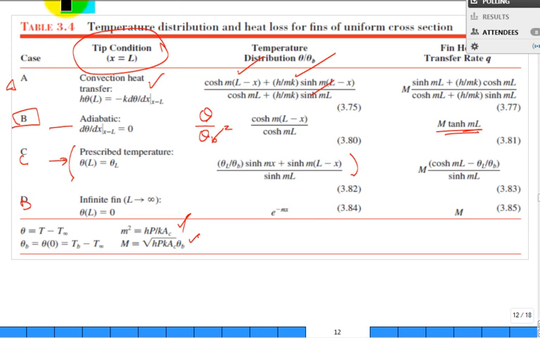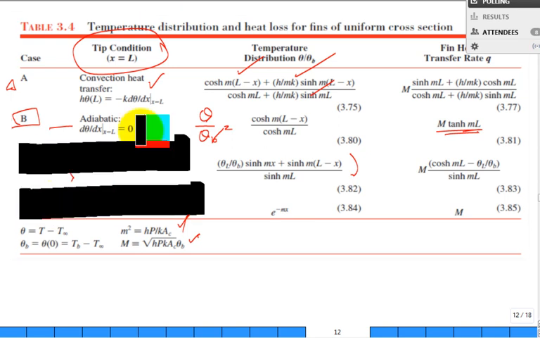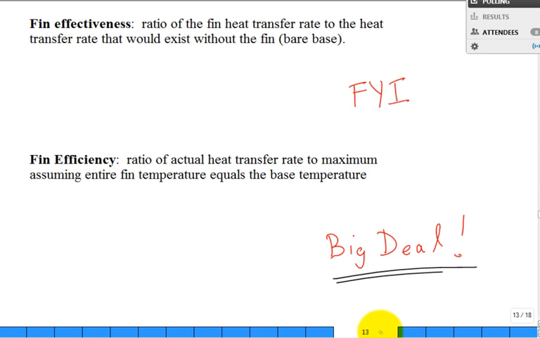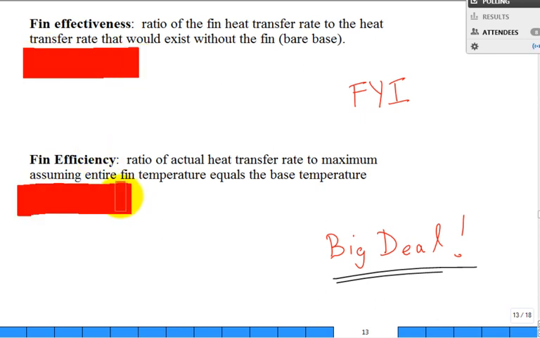What are you going to focus on when you study? The adiabatic tip makes for simple compact equations, which can be applied when you have a convective tip by using the L sub C, the corrected length. All right. The other thing is I would encourage them, it looks like the fin effectiveness and the fin efficiency are kind of given equal weight in the discussion in the textbook.